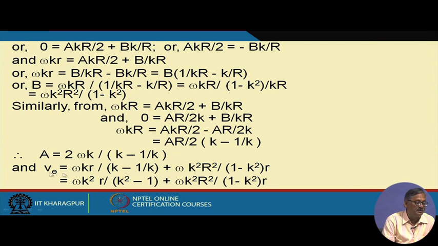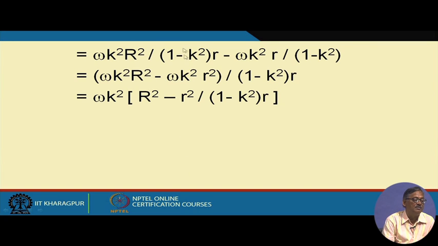So, v theta can be written as omega kr by k minus 1 by k plus omega k square R square by 1 minus k square into r, that is omega k square r over k square minus 1 plus omega k square R square over 1 minus k square. On simplification, this gives omega k square R square by 1 minus k square into r minus omega k square r by 1 minus k square.